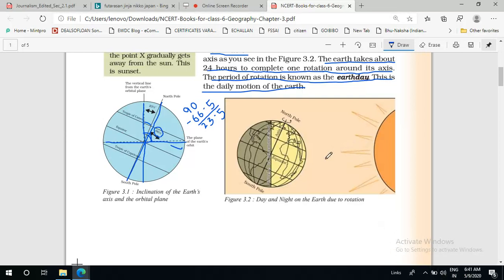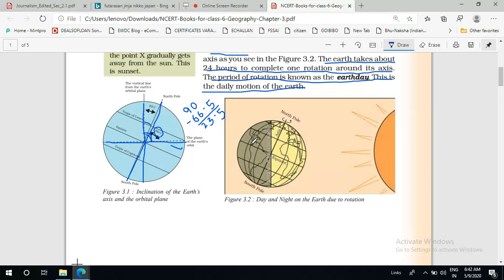All the parts of the earth will not be receiving the same amount of sunlight. There will be a difference in the amount of sunlight. The part which is receiving the sunlight will always receive the sunlight, and that part will always experience daytime, and the part which is not receiving the sunlight will always not receive the sunlight.